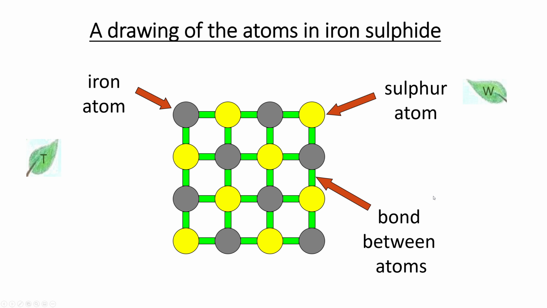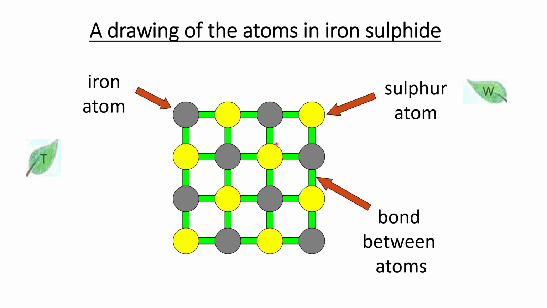And it doesn't matter if you got the sulfur and the iron the wrong way around. You should have got that the different coloured atoms represent the different elements. Okay, so here's an iron atom, and here is a sulfur atom. But these little green blocks in between, these represent the bonds that hold this compound together.